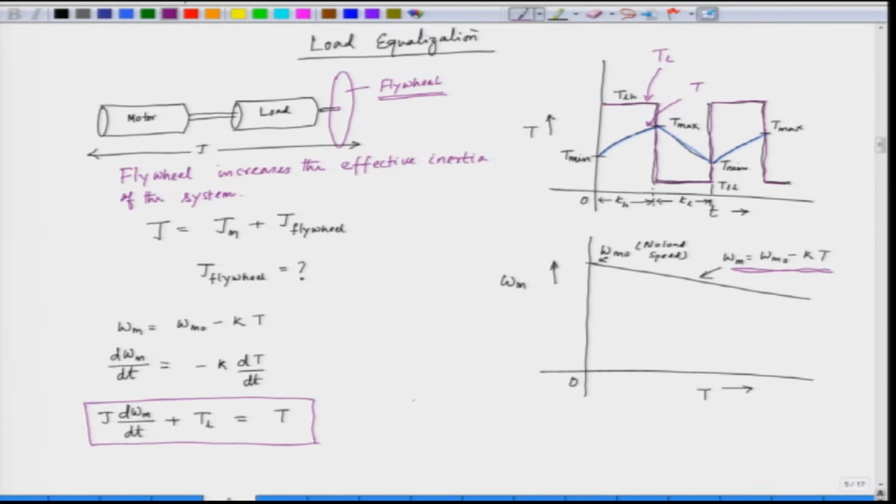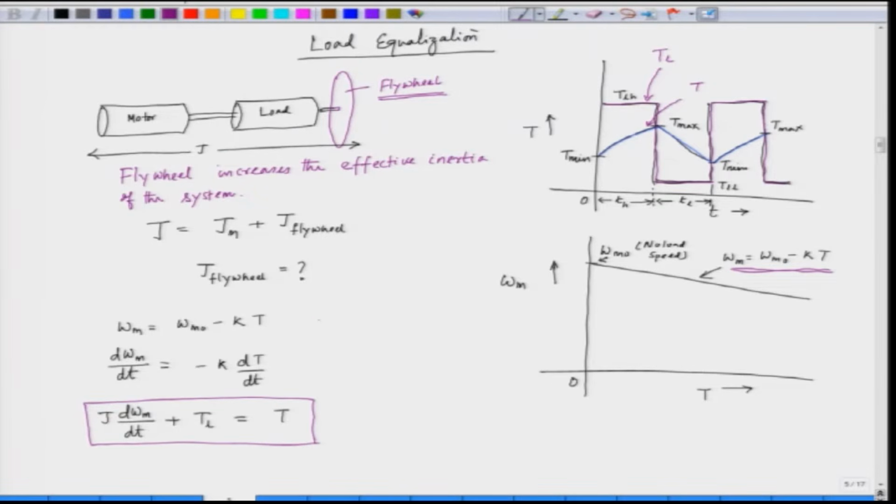Now, we substitute for d omega m by dt from the previous equation. Let us say this is equation number 1, this is 2, and this is equation number 3. We substitute for d omega m by dt from equation 2.